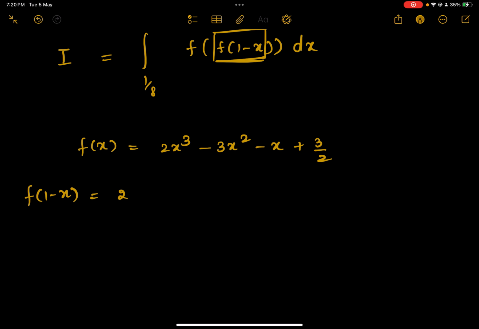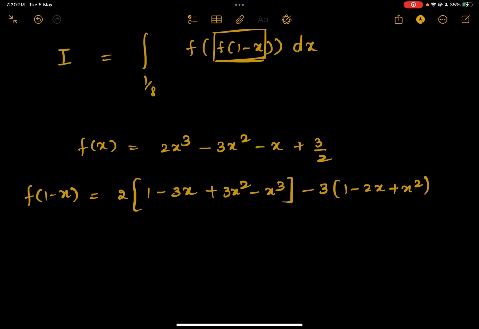So that will be 2 times (1 minus x) whole cube, that will be 1 minus 3x plus 3x square minus x cube, minus 3 into (1 minus 2x plus x square).